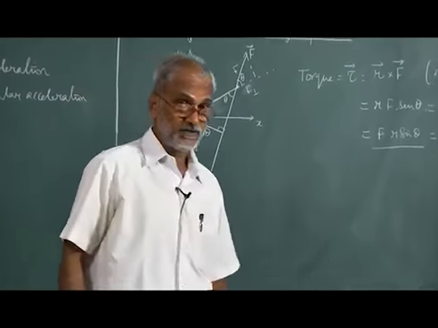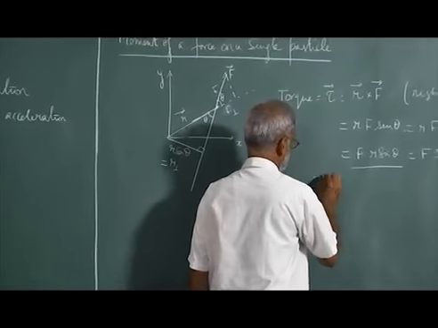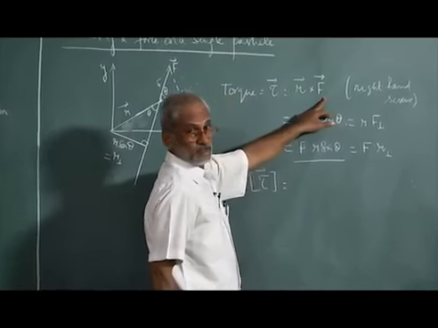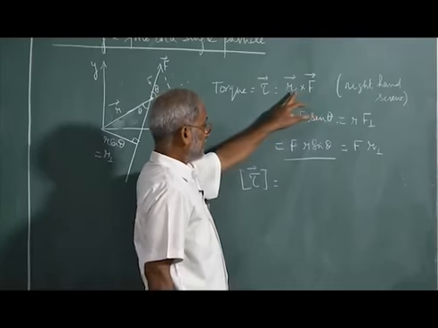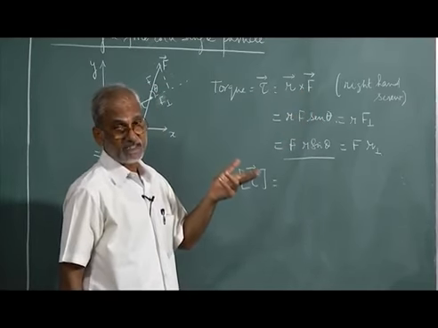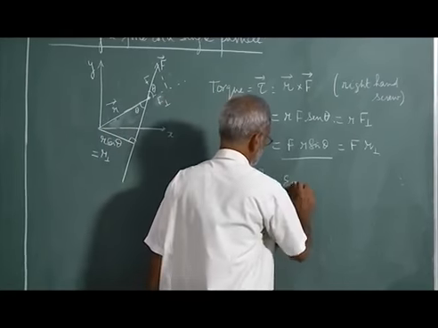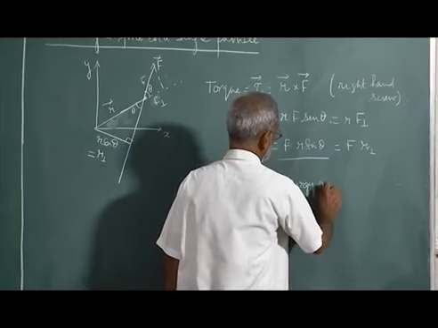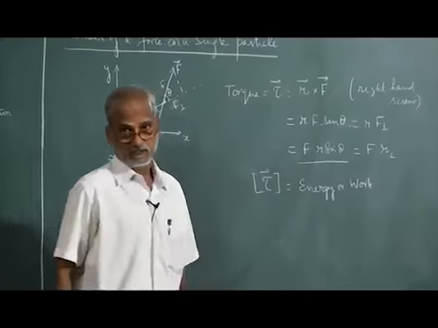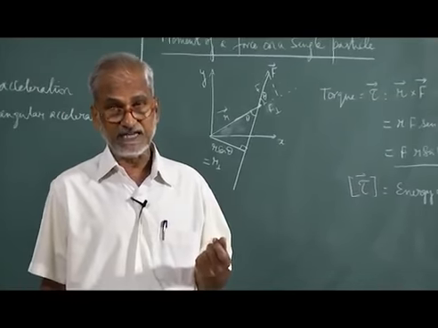Now, what about the dimensions of torque? Force we know the dimensions, and r is the distance, therefore force into distance has the dimensions of energy or work done. Whereas work done is a scalar quantity.